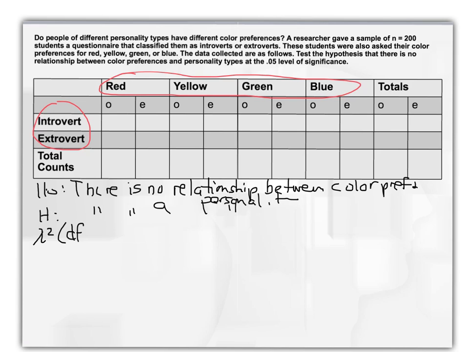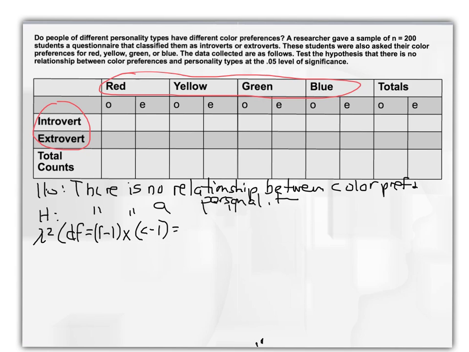Only in this case, the degrees of freedom in a chi-square test of independence, or a contingency table, you calculate by taking the number of categories in the rows minus 1 times the number of categories in the column minus 1.